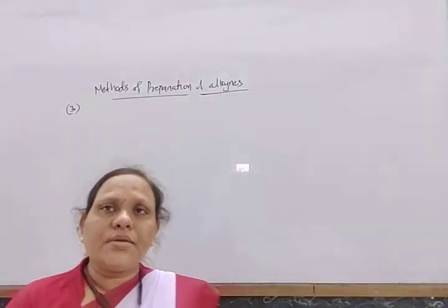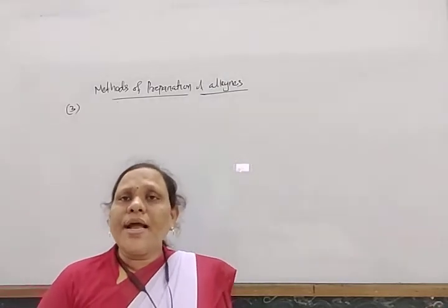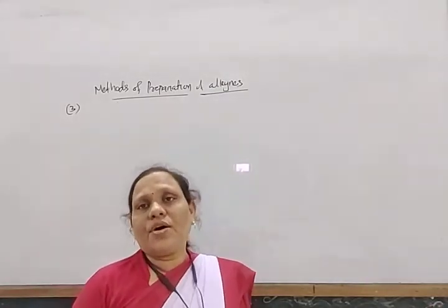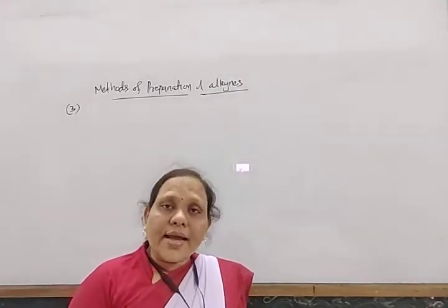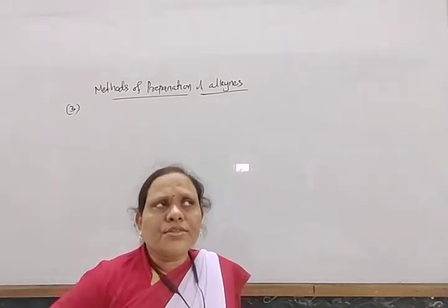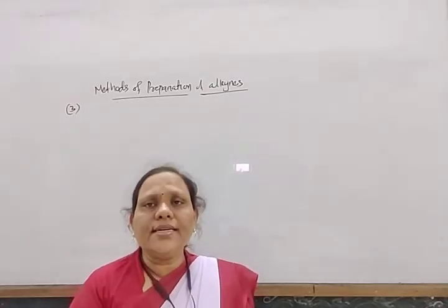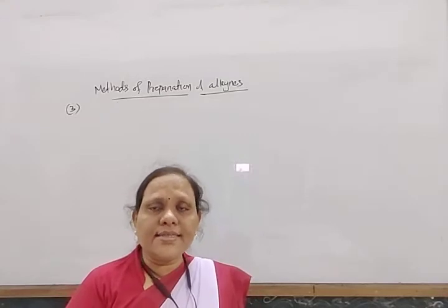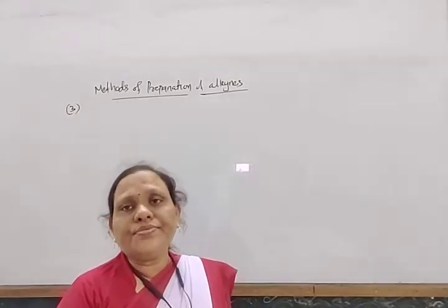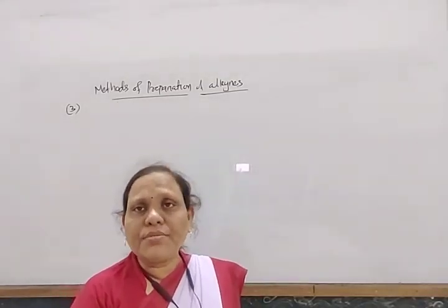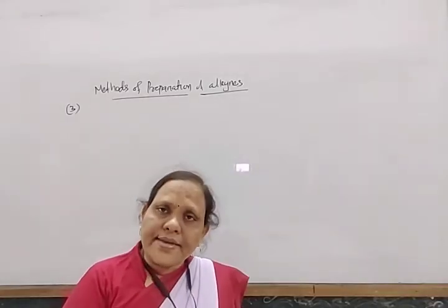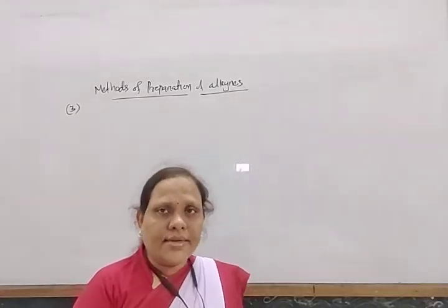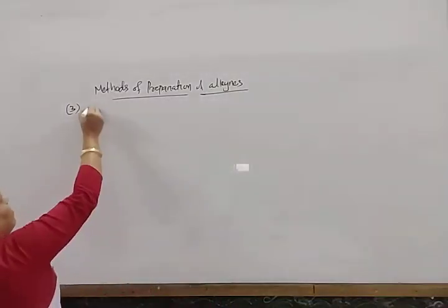Next, come to another method, that is by dehalogenation of dihaloalkanes. Whether vicinal dihalides or geminal dihalides, when treated with alcoholic potassium hydroxide, they give an alkyne.